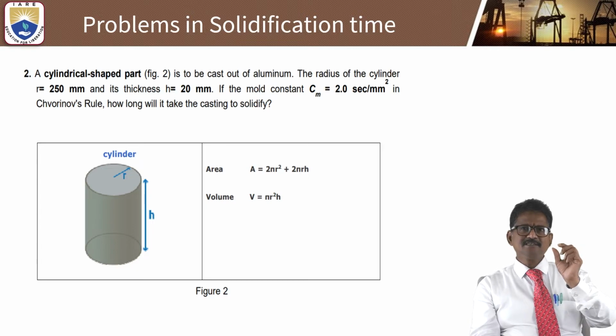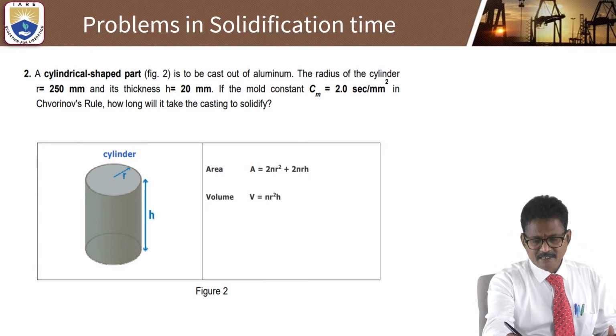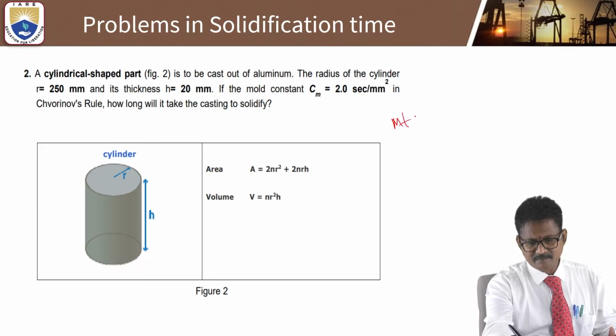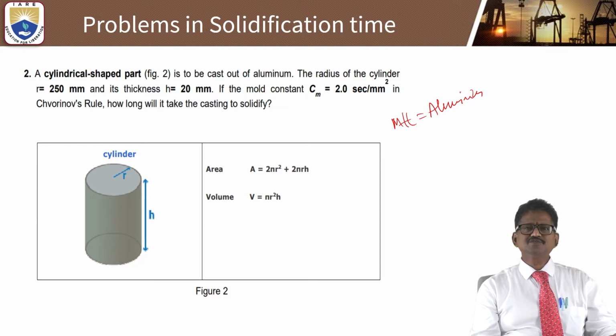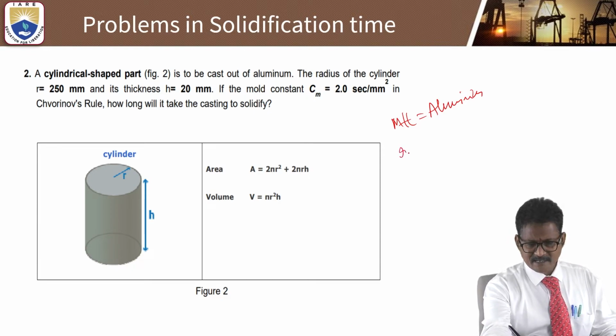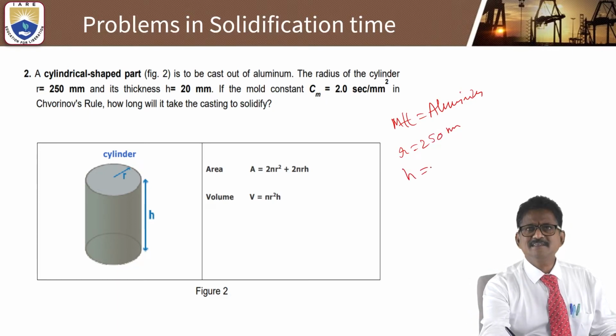A cylindrical shaped part is to be cast out of aluminum. The material is aluminum, the radius of the cylinder r is 250 mm, and its thickness, or height, h is 20 mm.